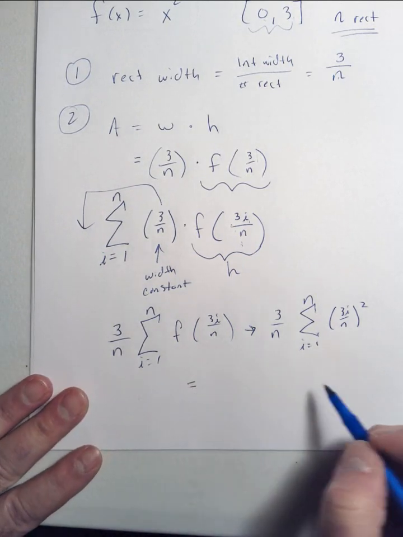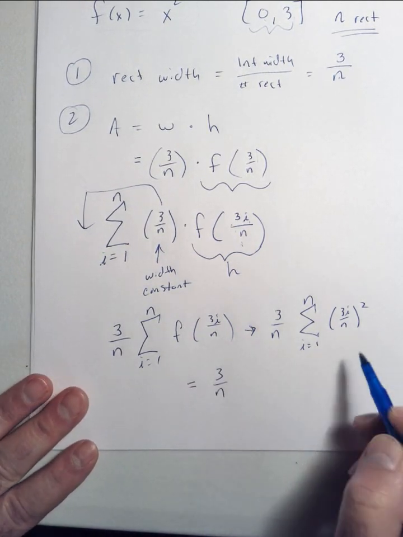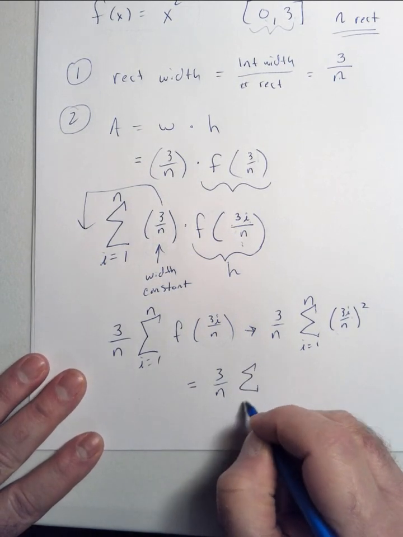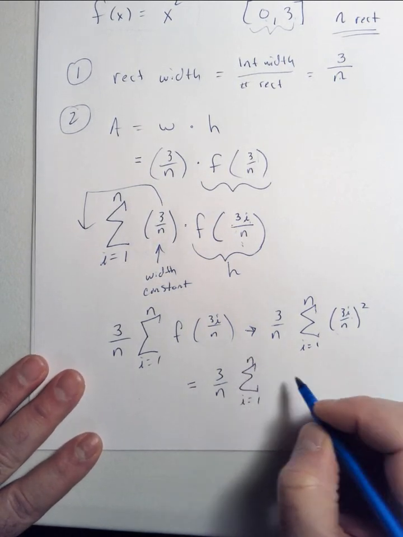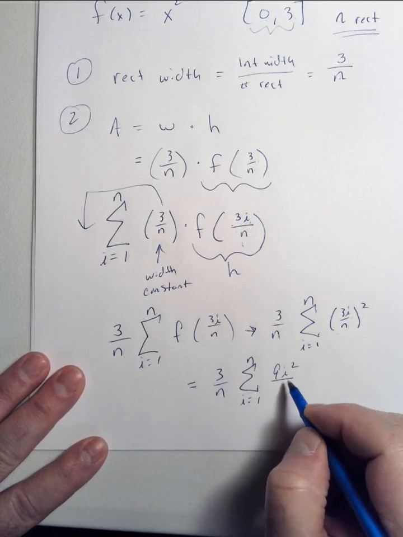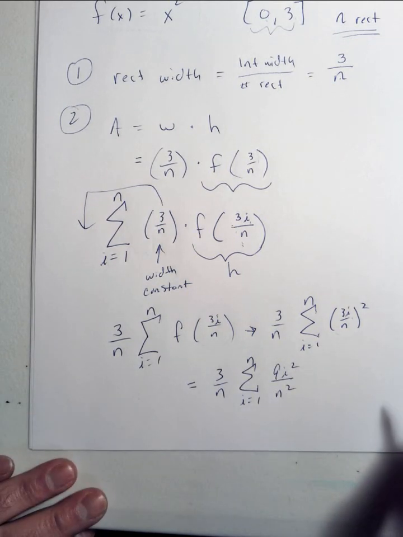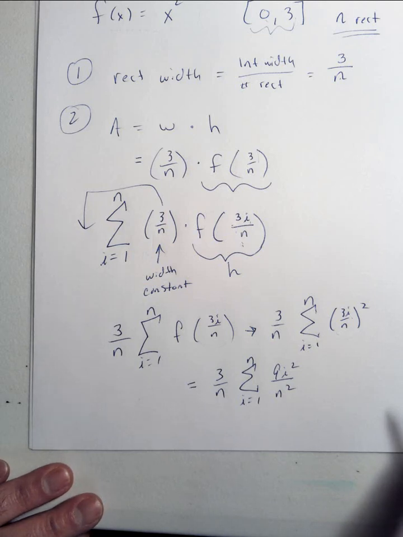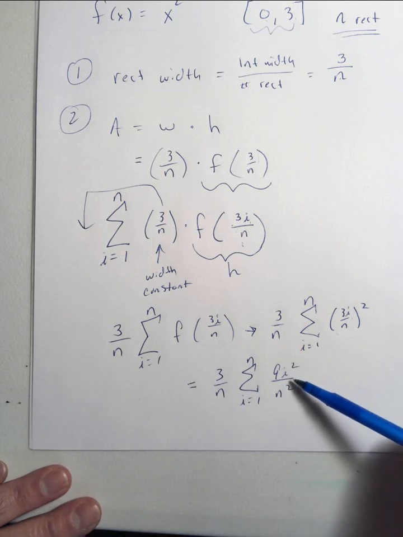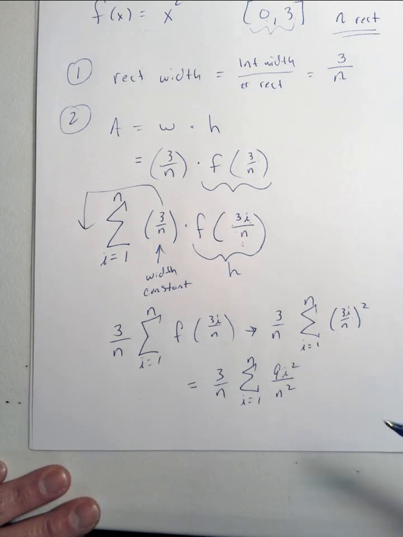And we get, and go ahead and square this. So the rest of this is really some algebra and summation properties. So we have 9i squared over n squared.